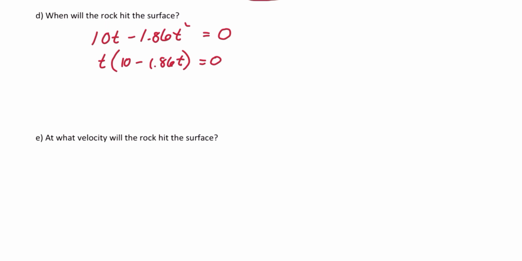When will the rock hit the surface? The rock hits the surface when our h value, which is, again, 10t minus 1.86 t squared, is equal to 0. So we can factor out a t. Set each of those factors equal to 0.